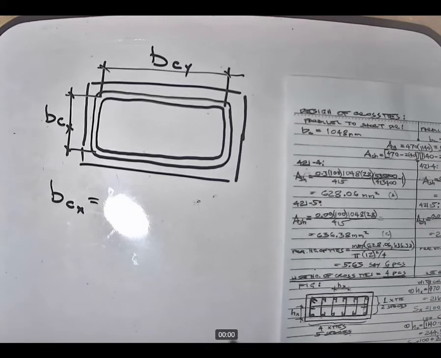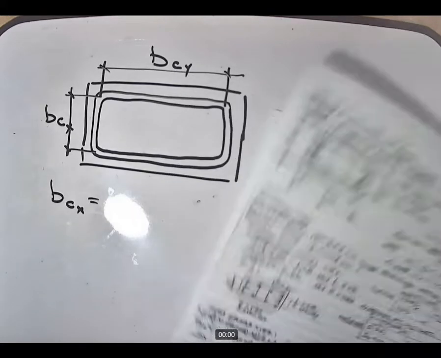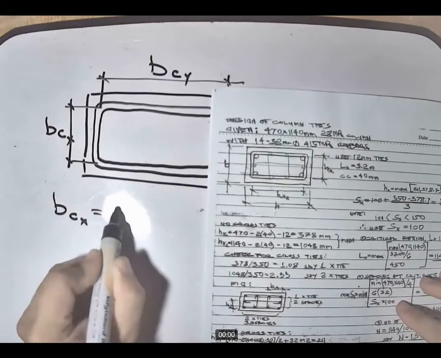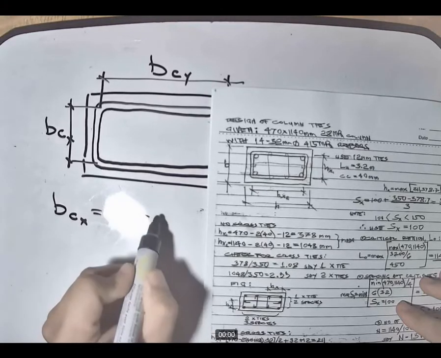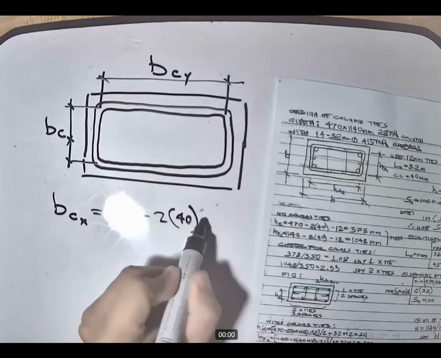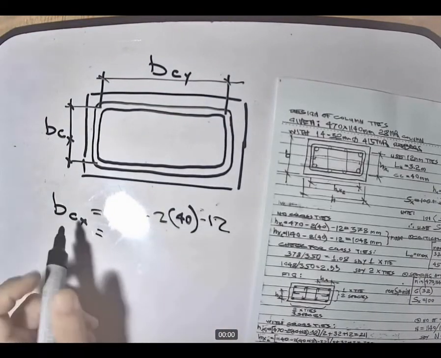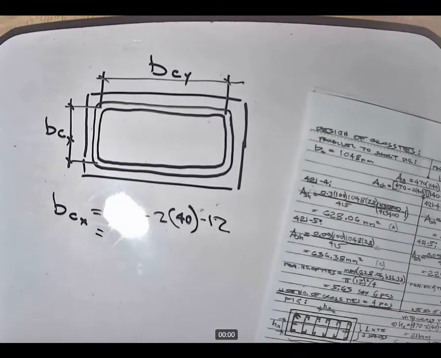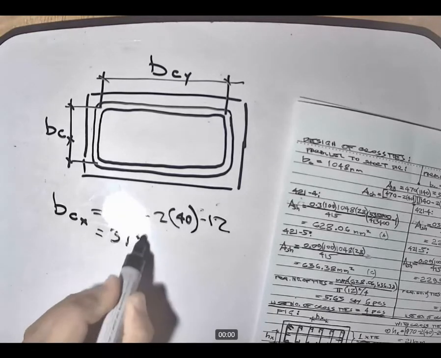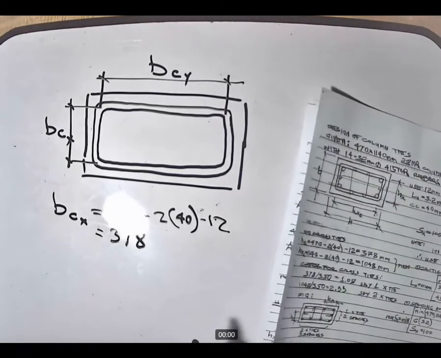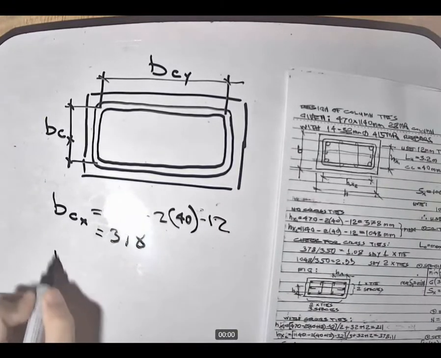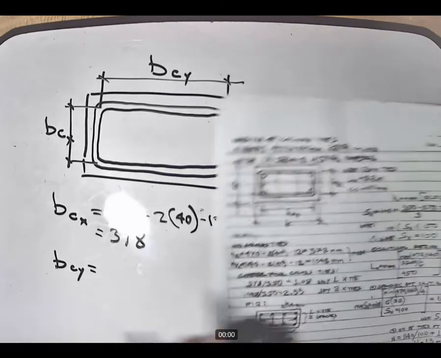So, that is equal to, from our given, 470. Okay? So, that is 470 minus twice of clear cover minus diameter of tie. And that will give us 378. Okay? Next, let's compute BCY.